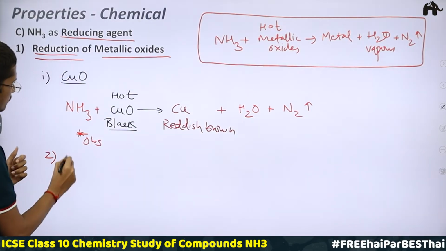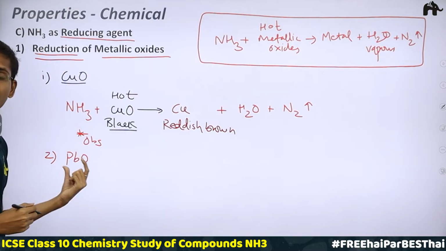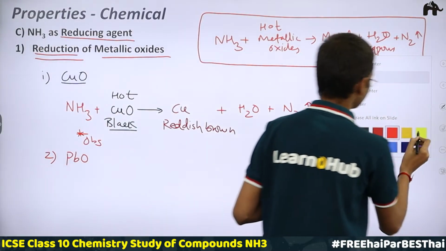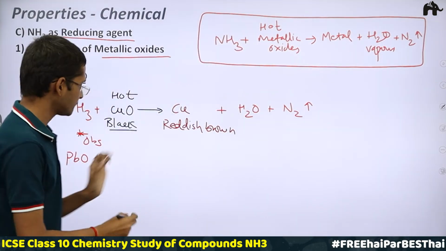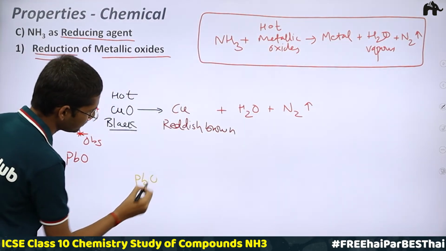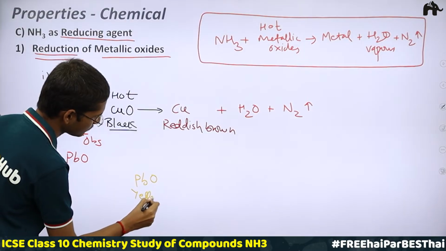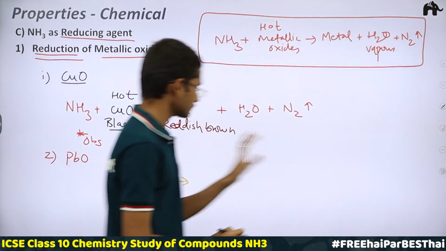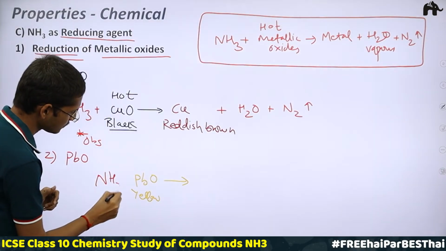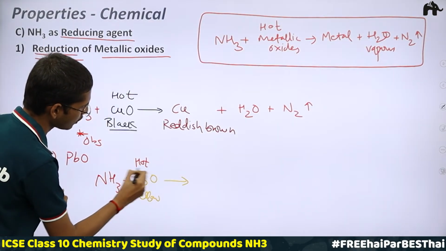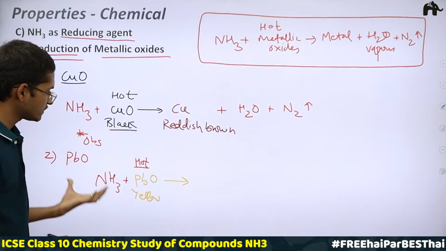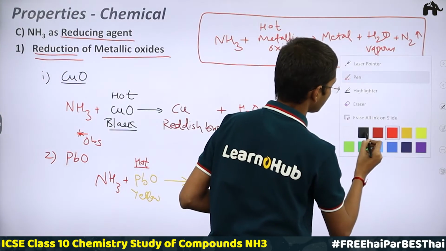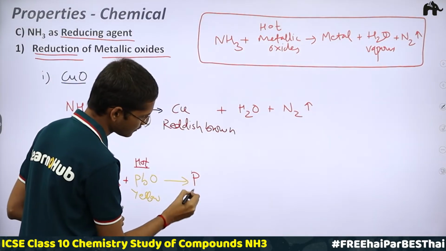Same way we would see the action of ammonia on hot lead monoxide. This is PbO. Now this lead monoxide has yellow color. We are passing ammonia through this hot lead monoxide, which is yellow in color, and it would give us lead.